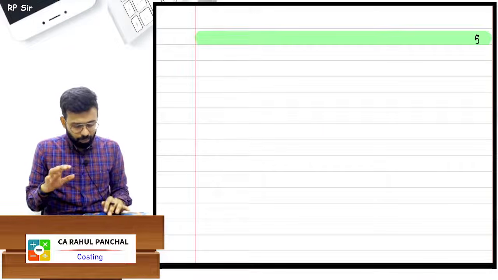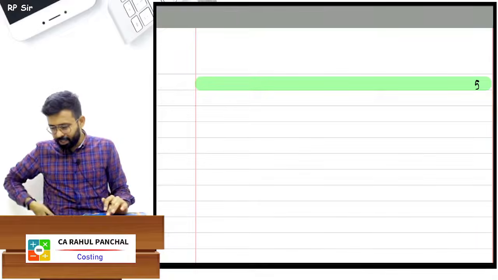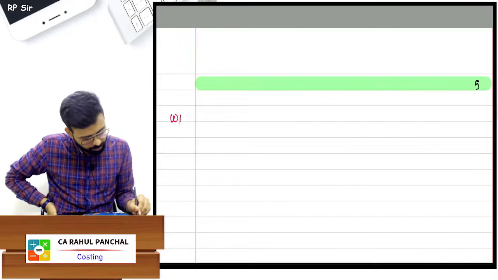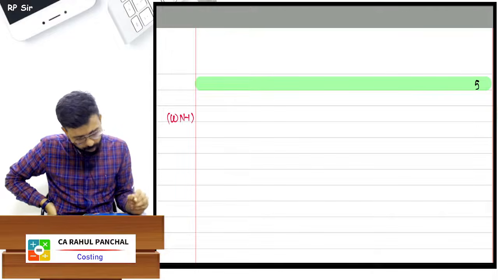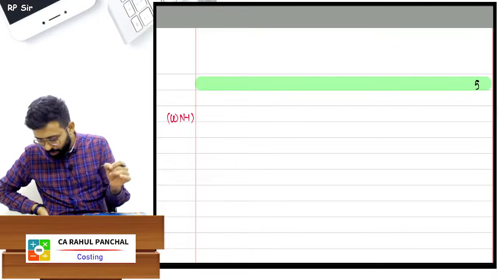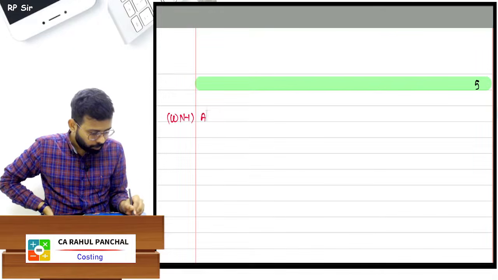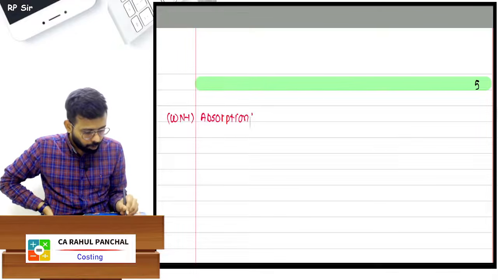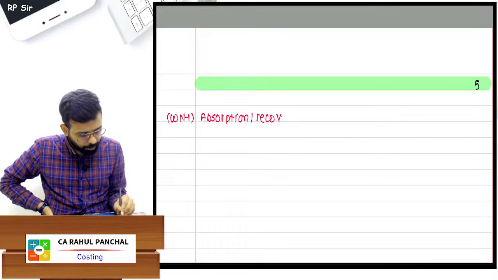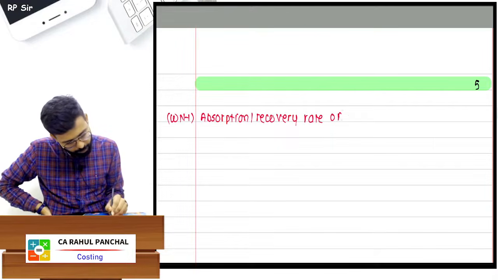Now here what we need to do is, let us make one working note, which is working note number 1, with reference to your absorption rate. We will calculate one absorption rate, which is known as recovery rate of overheads.